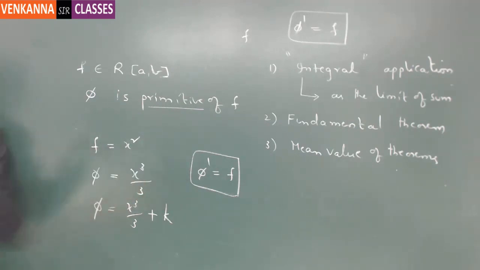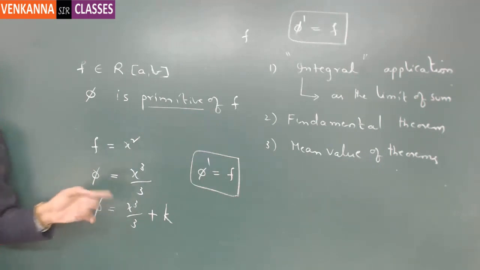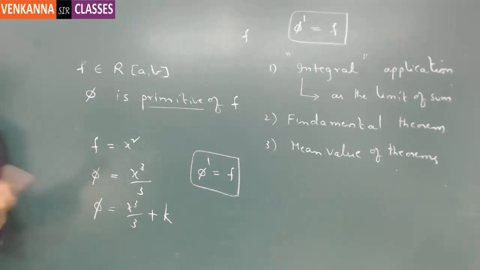Phi dash equal to f is satisfied. Accepted? Whatever function phi you take, if you differentiate that, you should get f. Then phi is called primitive of the given function. So usually primitive need not be unique. There may be so many primitives.